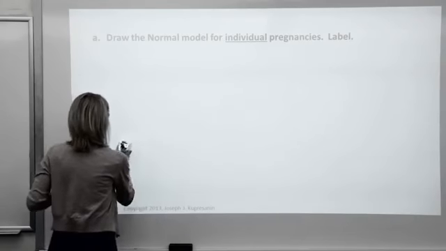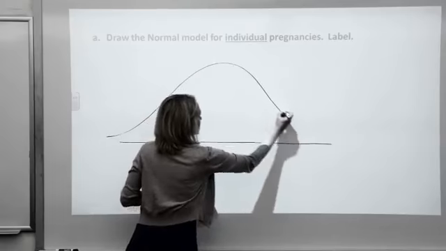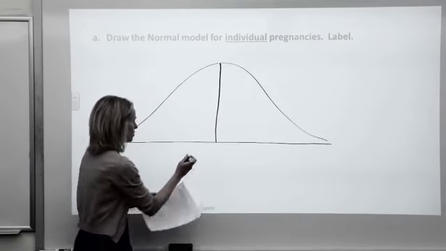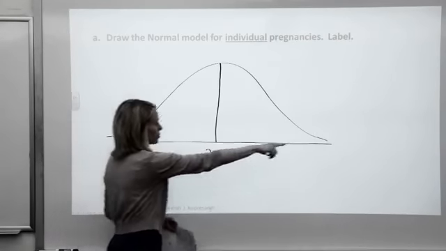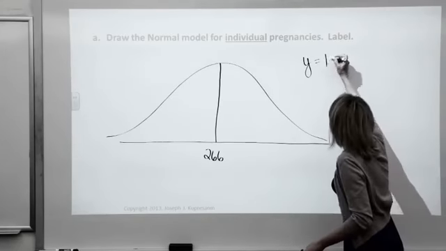You know what the shape looks like here. The mean for individual pregnancies is 266 days. You can think of this as modeling the length of a pregnancy.